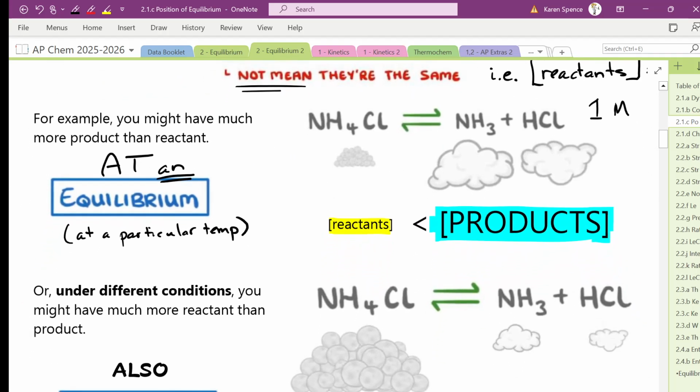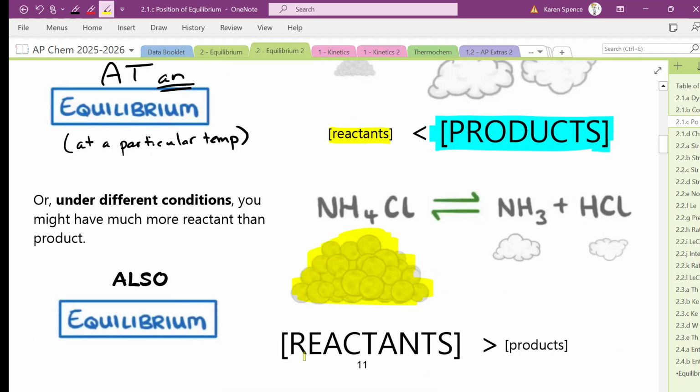But under different conditions, which is probably a different temperature, you might have way more reactant. Okay, so lots of reactant and very little product. This is also an equilibrium.